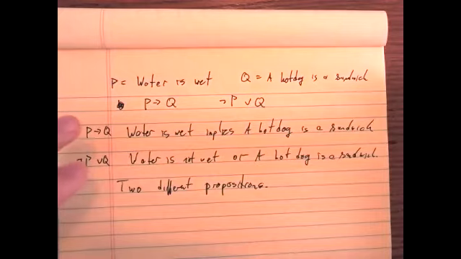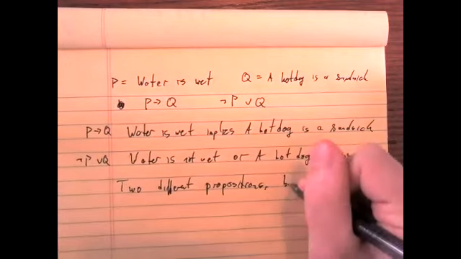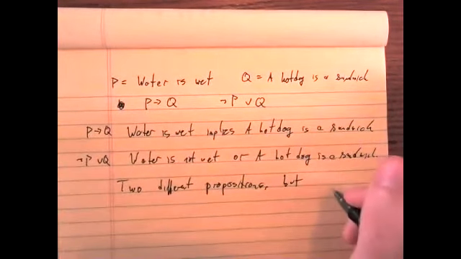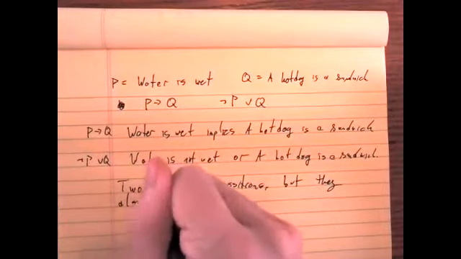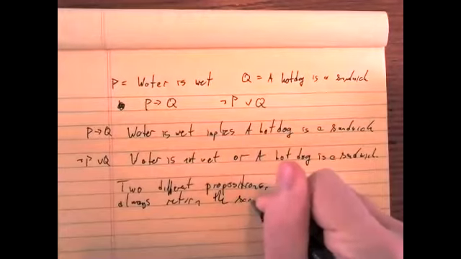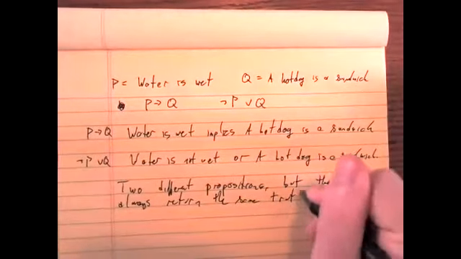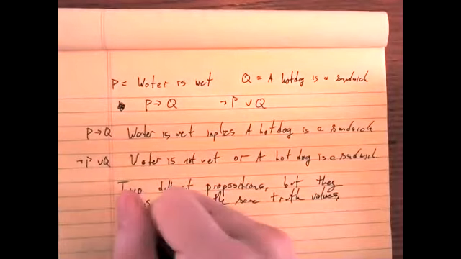If P is true and Q is true, then these are both true. If P is false and Q is true, then these are both true, et cetera. So two different propositions, but they always return the same truth values. So they're logically equivalent.